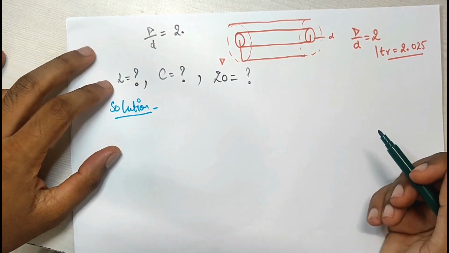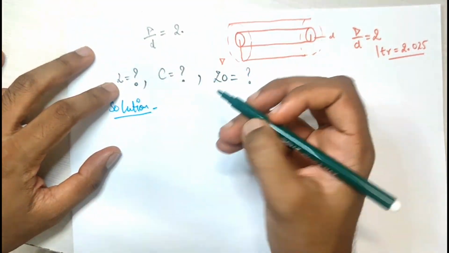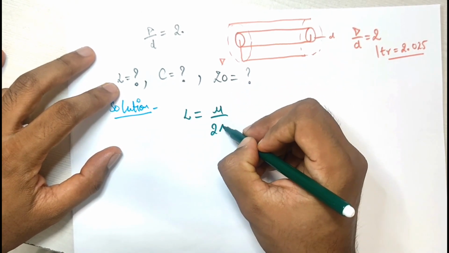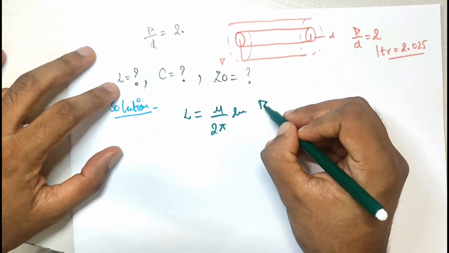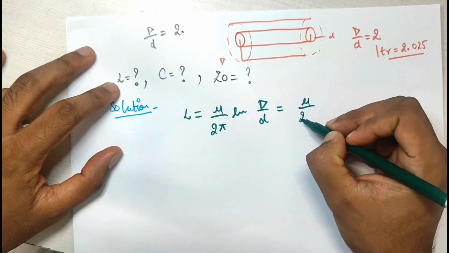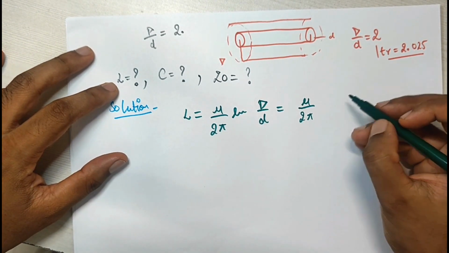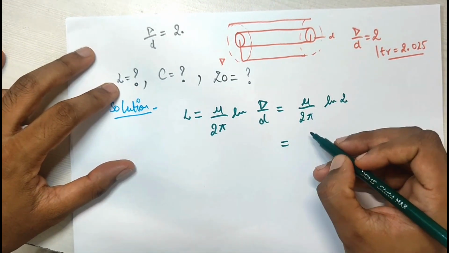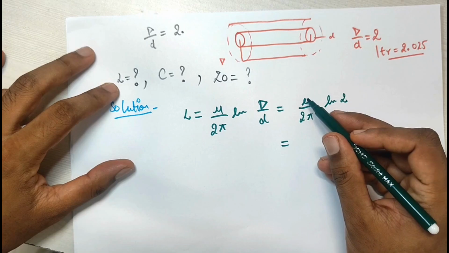Solution. So what is the formula for the calculation? L is equal to mu upon 2 pi ln D by d. Mu upon 2 pi ln, what is the value of ln? We have 2. What is the value of mu?